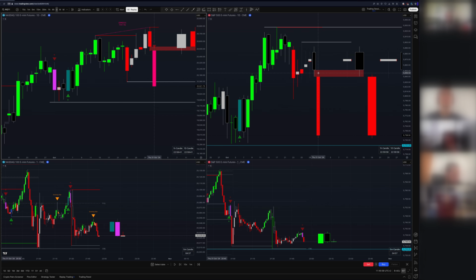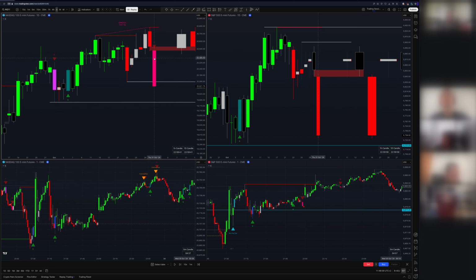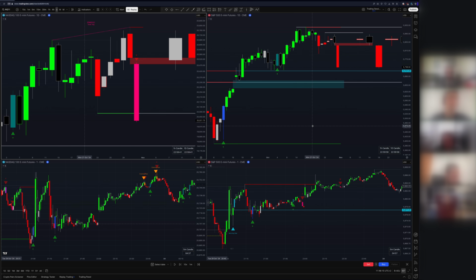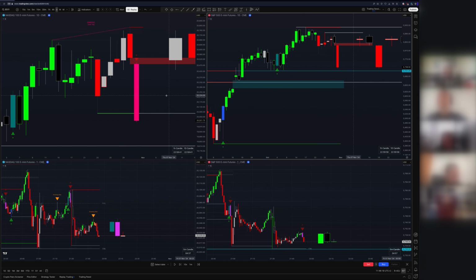But we didn't close below the previous day's low. No, we didn't close well below. So we closed near the daily low. Yeah. It was a fat down candle. Yes, on the ES it is very clear.